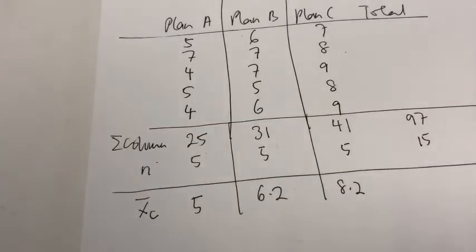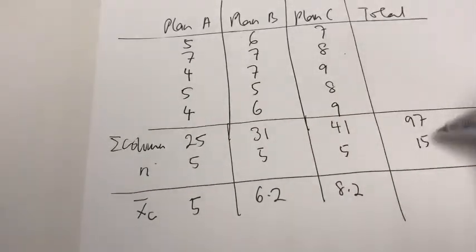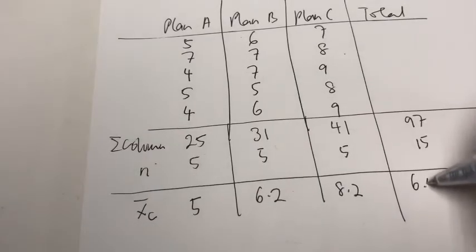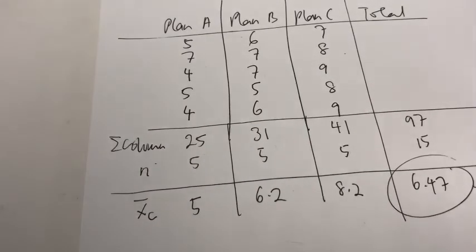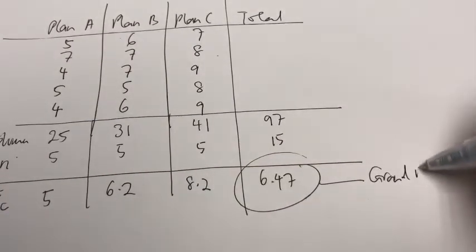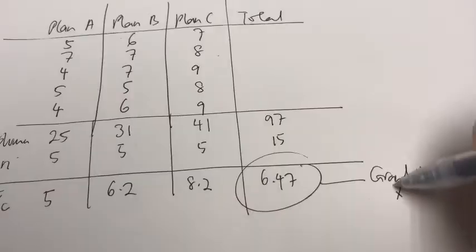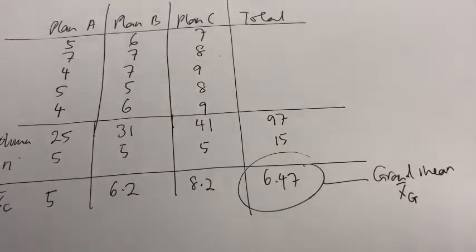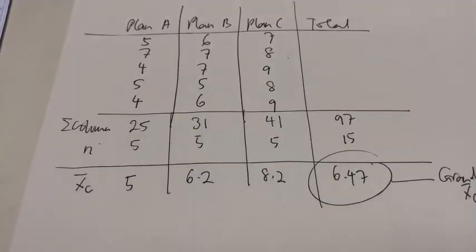Now here, we do the same for the total. 97 over 15, we get 6.47. So this one, guys, is our grand mean, or x bar subscript g. Let me just zoom out a little bit.